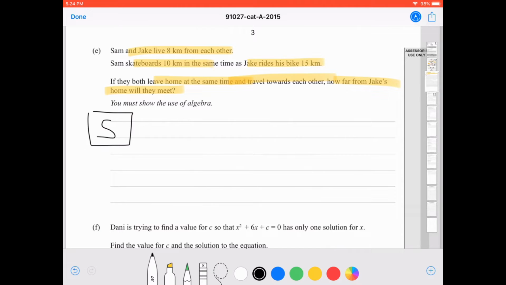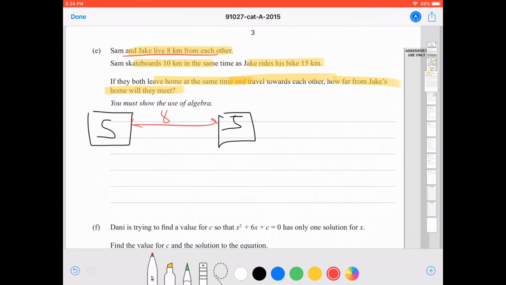So let's say this is Sam's house and this is Jake's house. And we know that there is an 8 kilometre distance because it says Sam and Jake live 8 kilometres from each other. So this distance here is 8 kilometres. And so forgetting about speeds, so forgetting about that second line of information, let's just say some hypotheticals here.